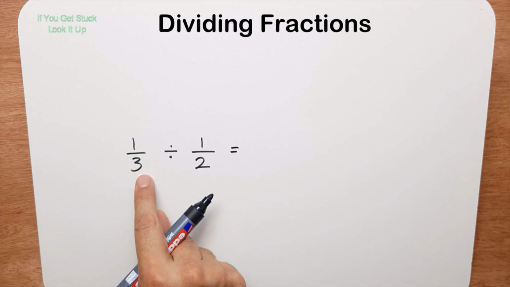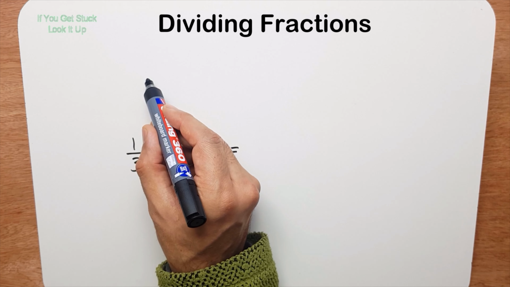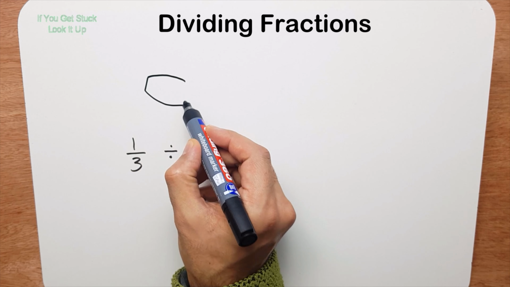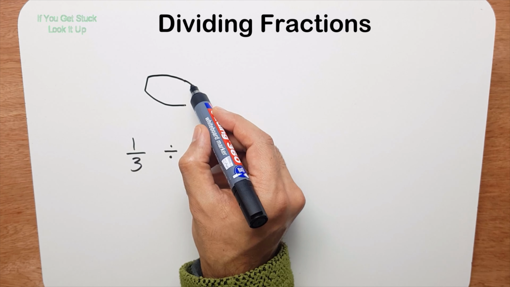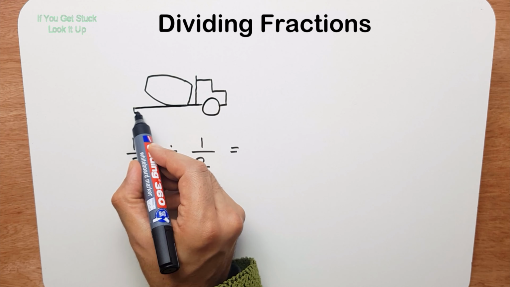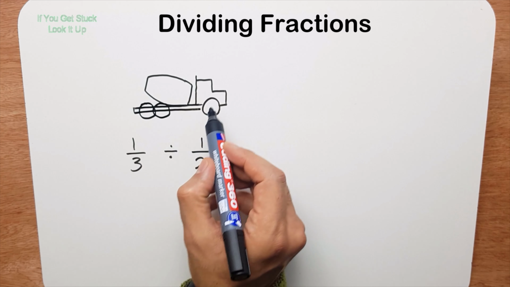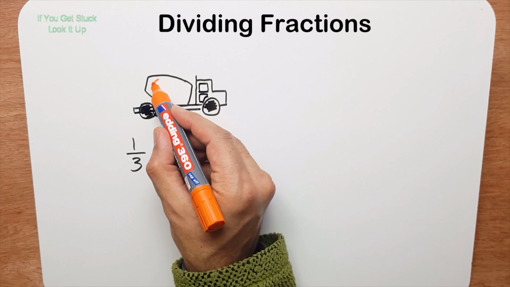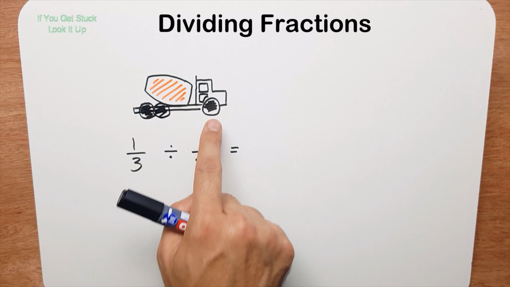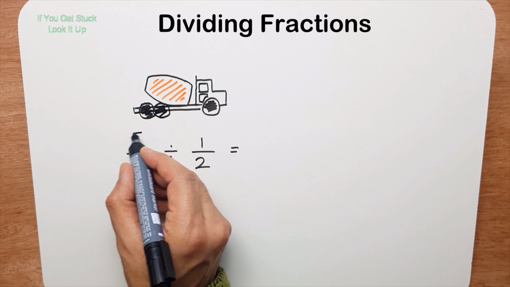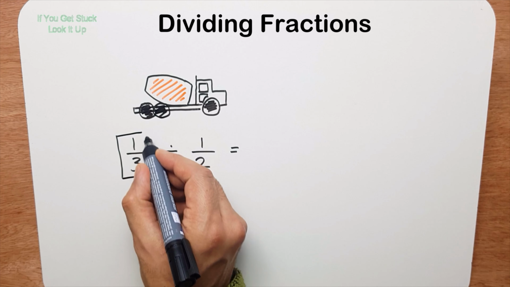Now the way I like to do this, I like to imagine a concrete truck or a cement truck. So the cement truck comes in and pours concrete over the first fraction.